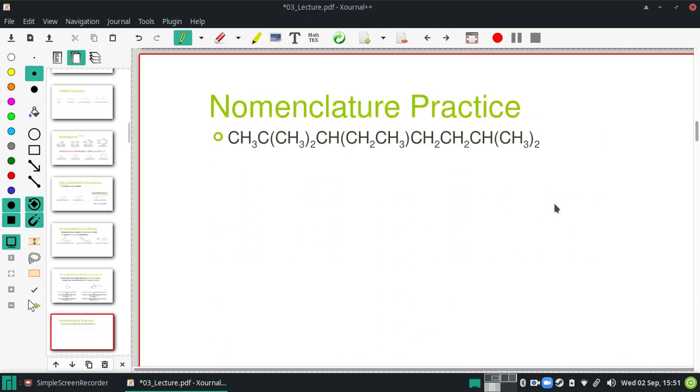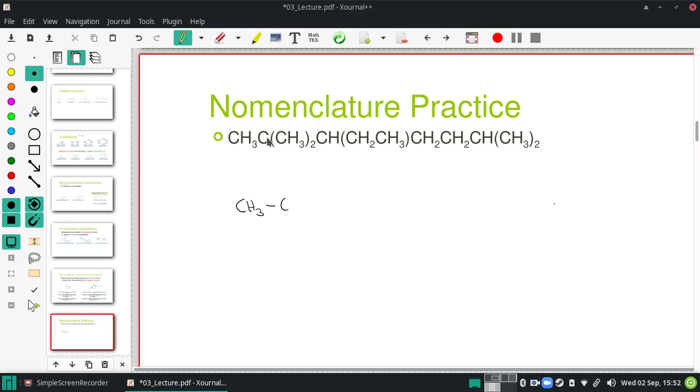Okay, let's practice a little bit more complex things. So I got what we would consider a condensed structure here, and we want to name it. Now, when you get a little bit more comfortable with this, you might be able to look at a condensed structure like that and come right up with a name. But what I'm going to suggest on something like this is to actually redraw it. And these things that are in parentheses, I'm going to put them above or below the structure and the carbon they're connected to. So they're always connected to the one that's really before it.